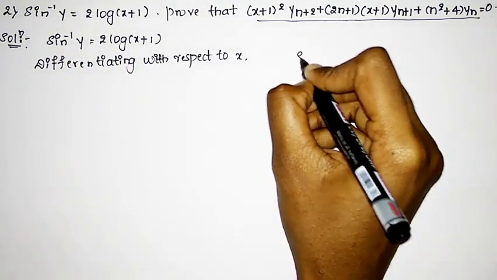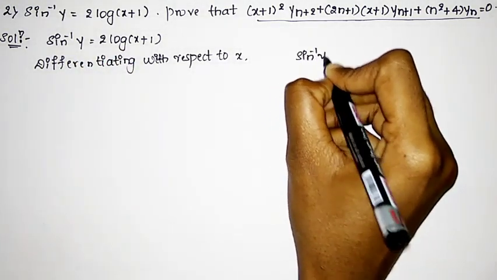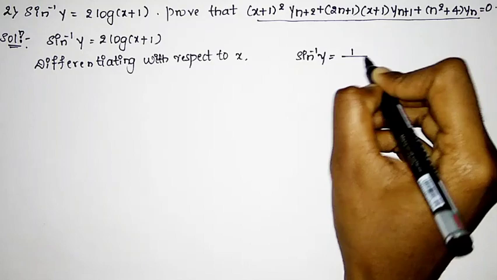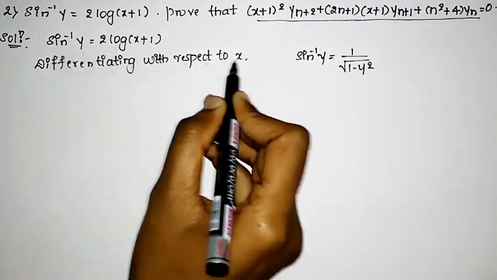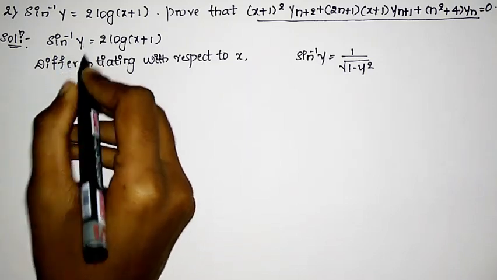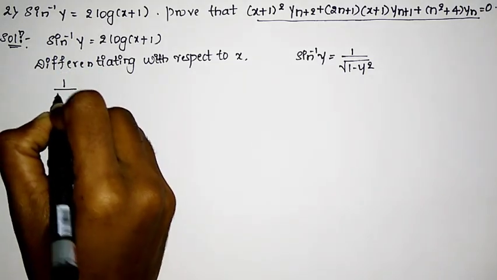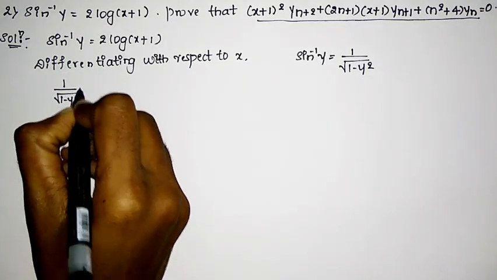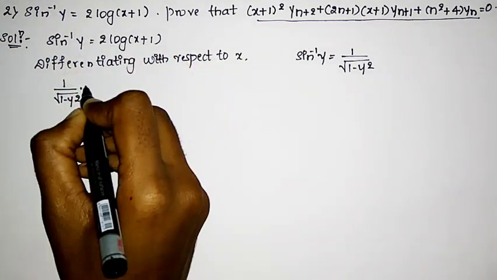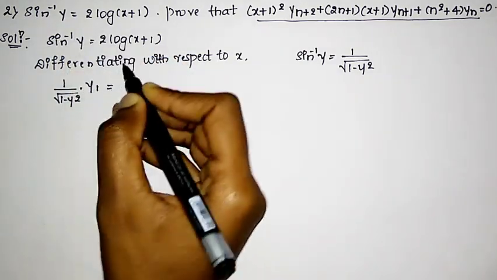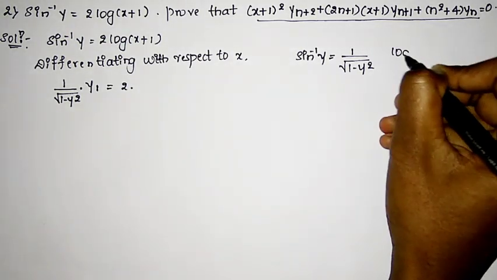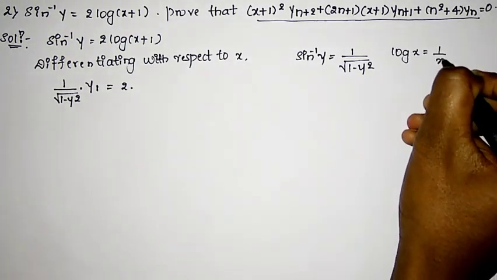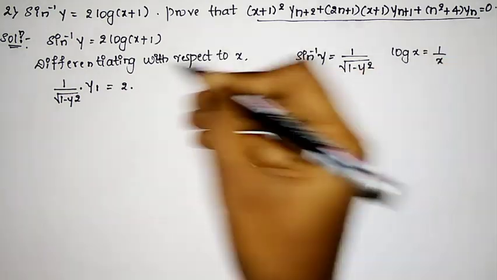As we know the sin inverse y formula, the derivative of sin inverse y is 1 divided by square root of 1 minus y square. So differentiating y with respect to x, we get 1 divided by square root of 1 minus y square into y1 is equal to 2 into, as we know the formula, differentiation of log x is 1 by x.